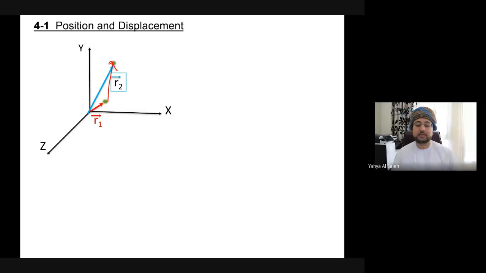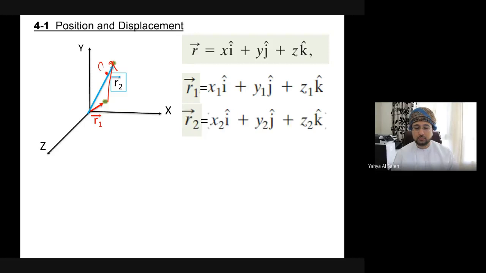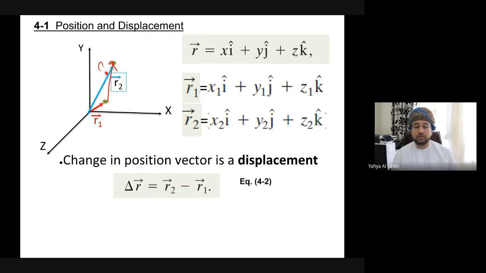How do I find this distance? You remember what we did in chapter 2? Well, I have R1, I have R2. My distance between them is simply the change in the position vector, R2 minus R1. We find the vector between them. How do we do it?